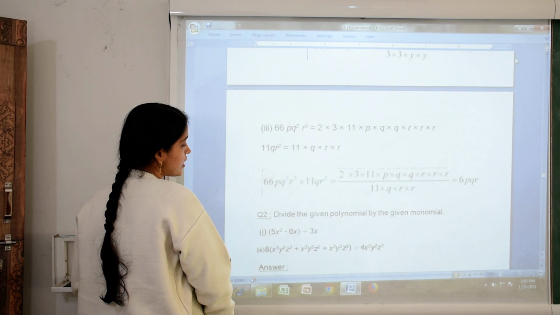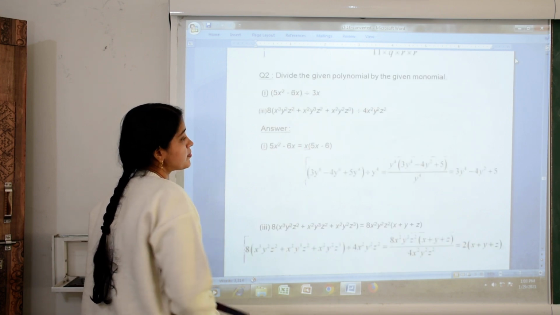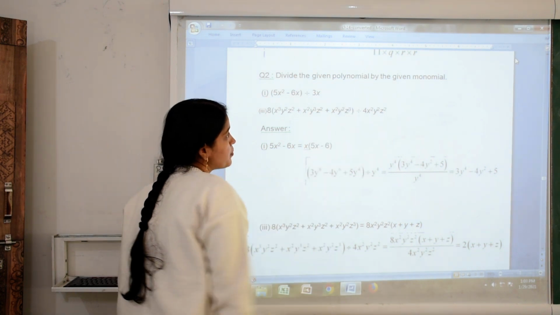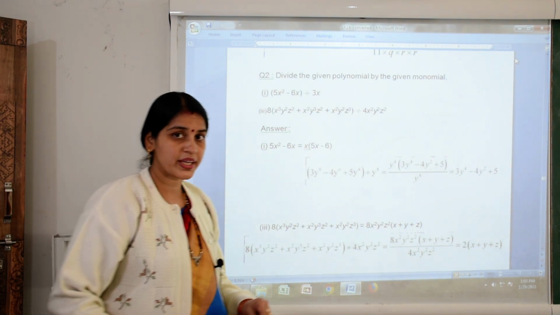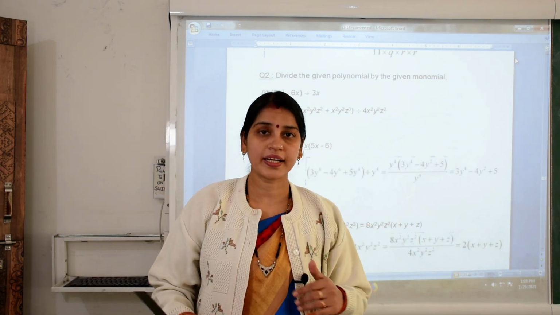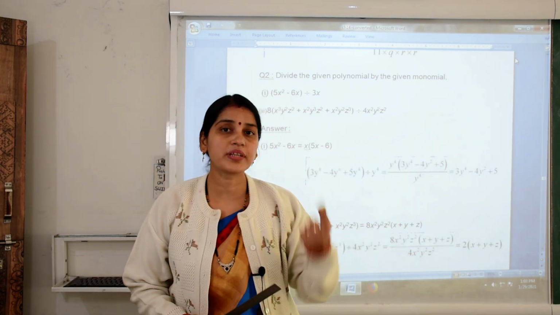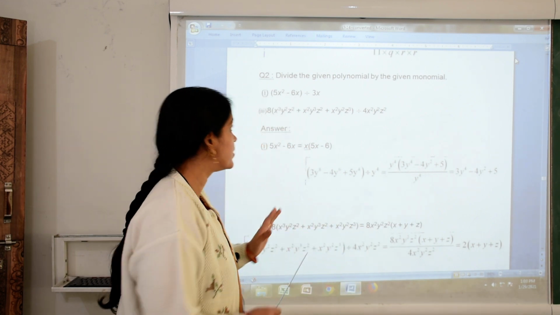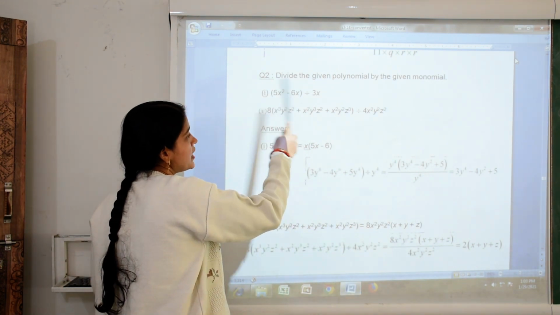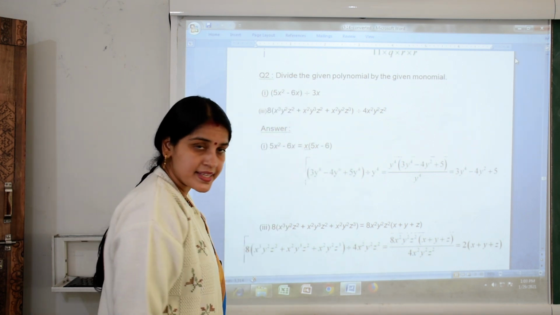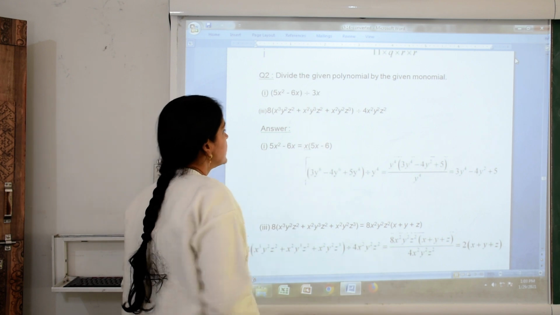Now see question number second. In the second question you have to divide the given polynomial by the given monomial. Here 2 terms or 3 terms are given. In the first question only a single term was given, monomial divided by monomial, but here many terms are given, like 5x square minus 6x divided by 3x.